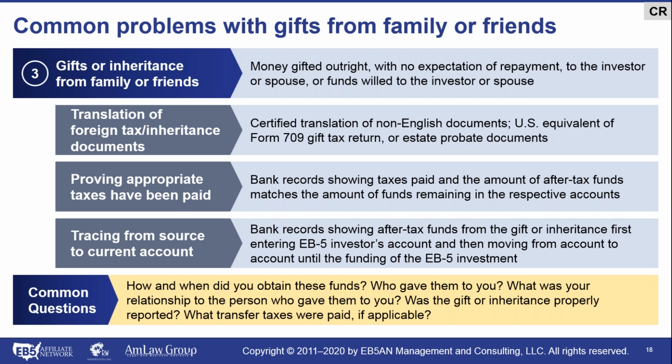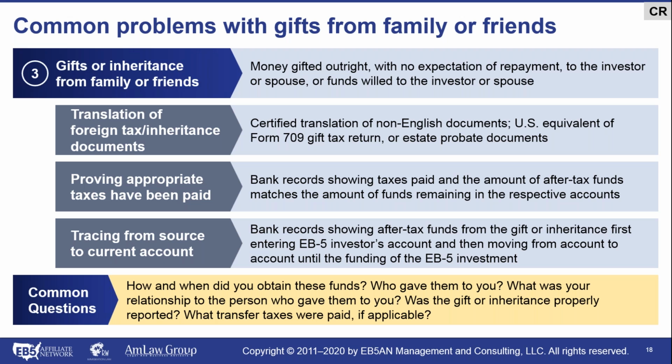Okay. So for gifts or inheritance, this is very, very common in EB-5. Something all investors always ask me is, does it look strange or weird that I'm getting the money as a gift either from my brother or from my parents? It does not look strange in the EB-5 world.